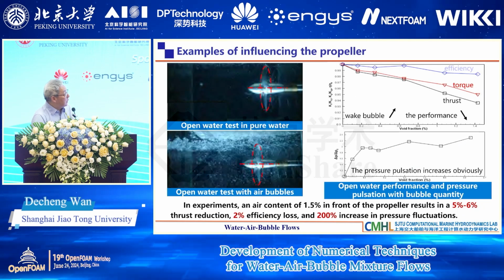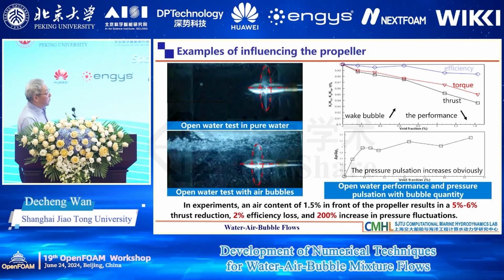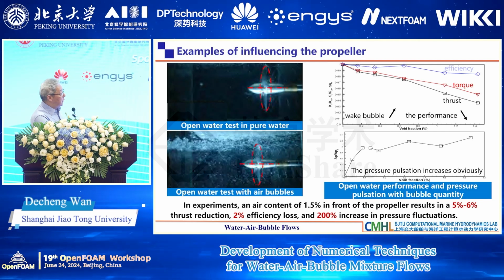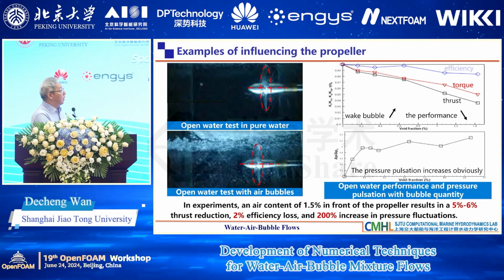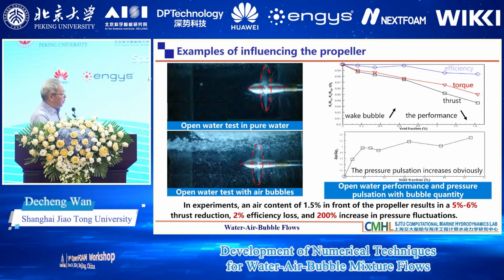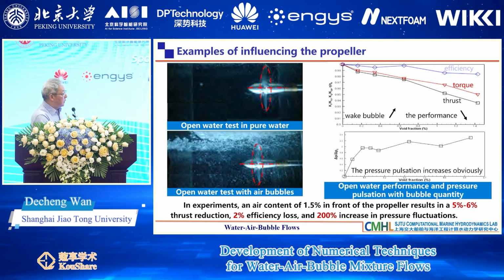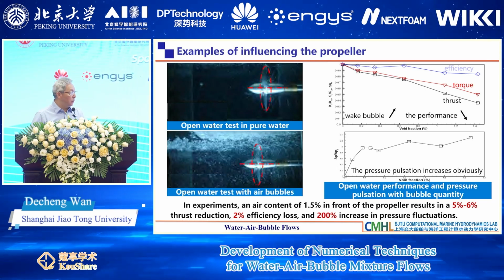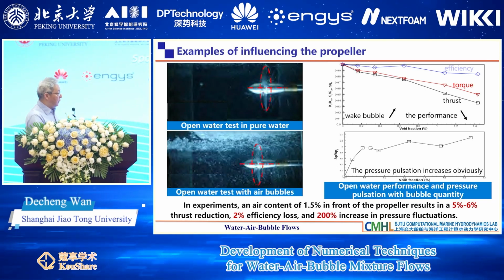And this is another example, for the propeller. If the propeller is operating in uniform flow, this means in pure water, there's no bubble. This is the propeller operating with air bubbles. You see the background flow has a lot of air bubbles.